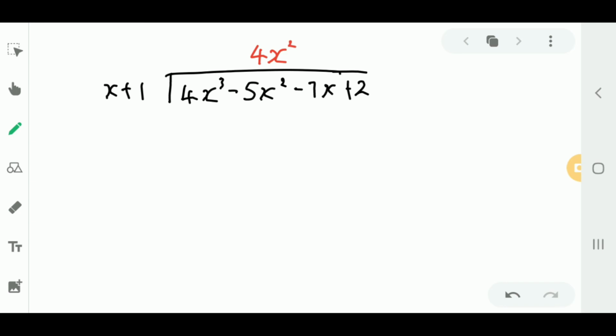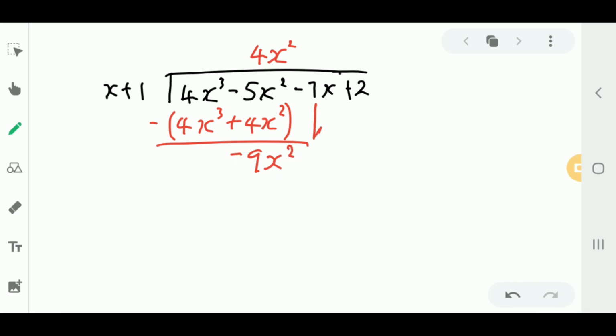Then x times 4x squared gives us 4x cubed, and 1 times 4x squared gives us 4x squared. So minus 5x squared minus positive 4x squared gives you minus 9x squared, and you're carrying down the minus 7x.